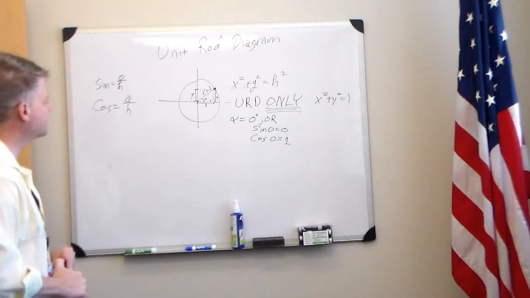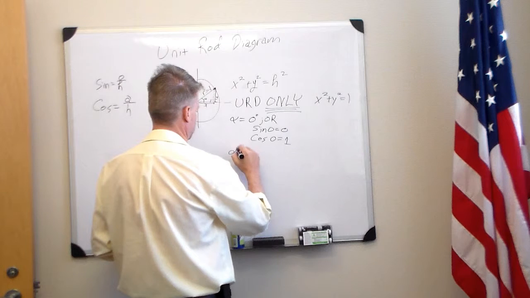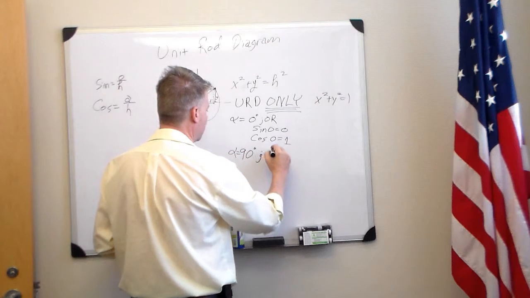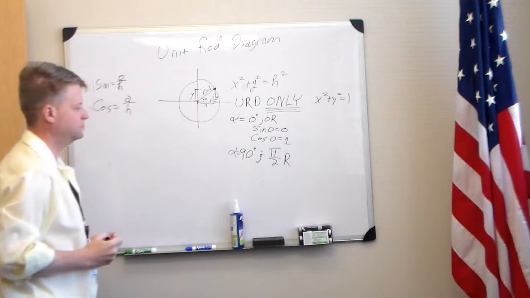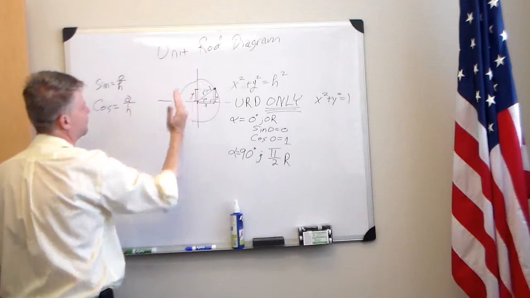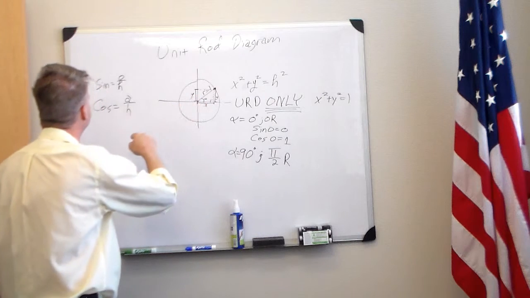The other extreme, of course, is to take alpha to 90 degrees. And recall, that's pi over 2 radians. So if we take this and move it straight up, well, in this case, x equals 0.